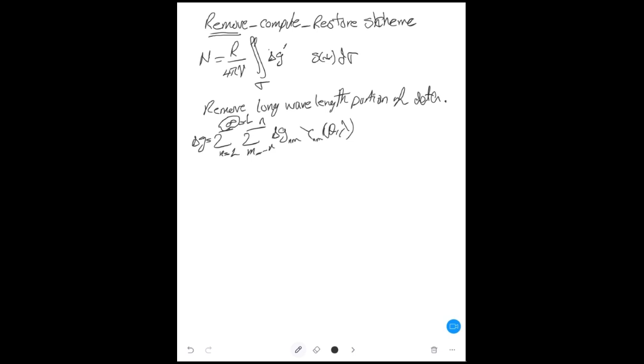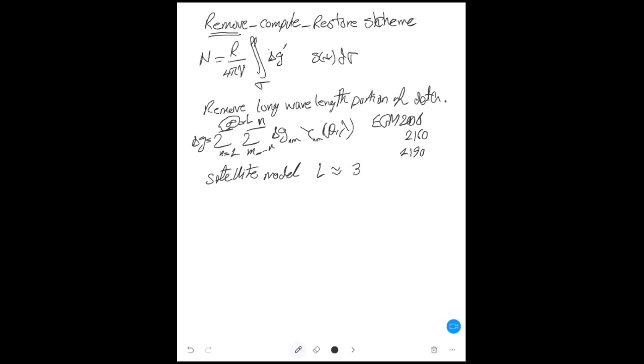The harmonic expansion of gravity anomaly, but if I limit the maximum degree from infinity to L, then I will have one portion if L is not too low. For example, in EGM 2008, this maximum degree will be 2160 or partially 2190.